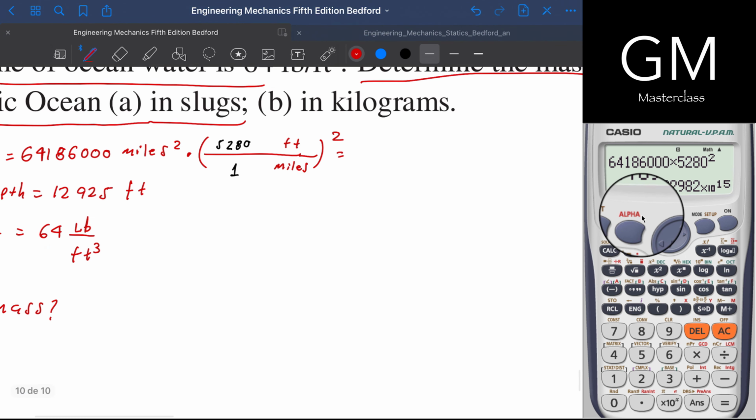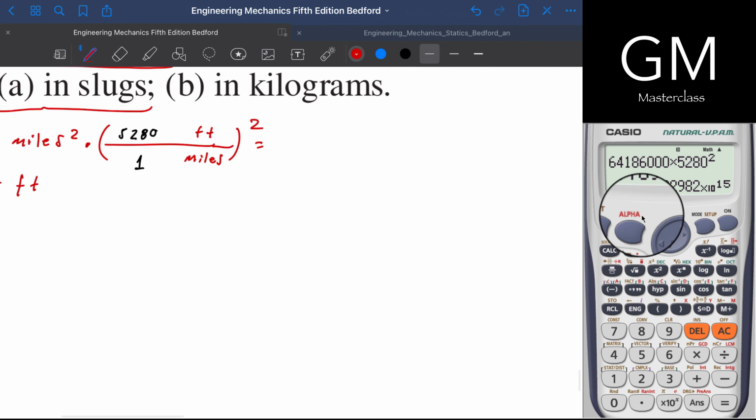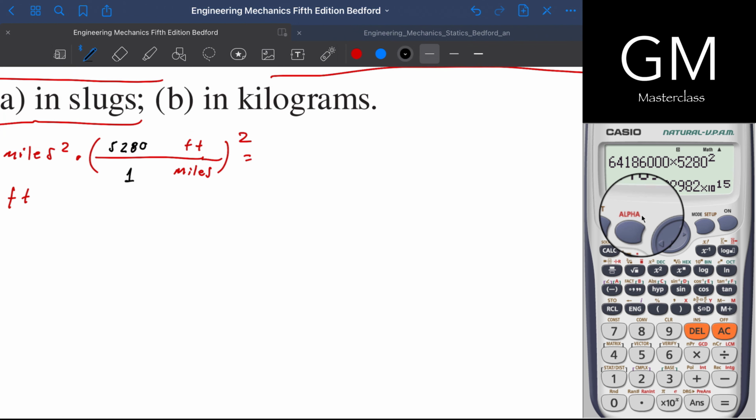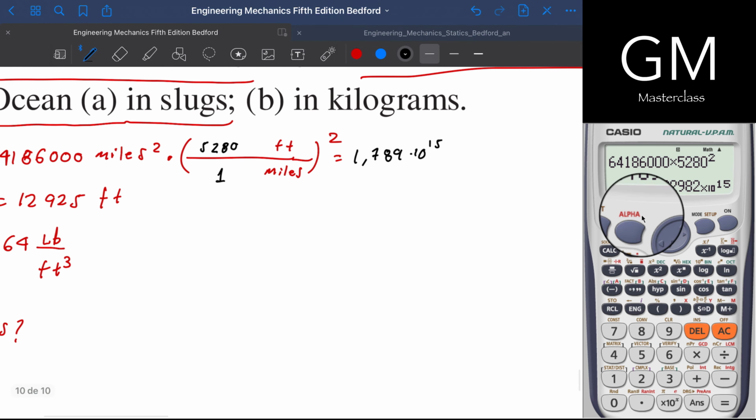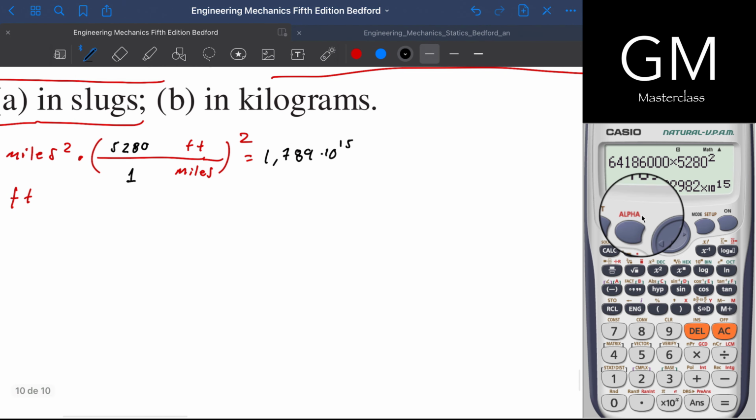So the answer is this one. I'm going to write down the first four significant digits: 1.789 times 10 to the 15 power. Alright, and I'll have the answer in feet to the second power.